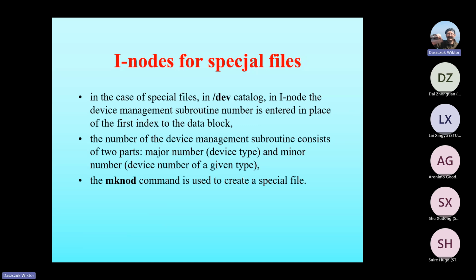In Unix, external devices, disks, and all other devices are described as files, special files. They are called special files. And they are put in a special directory called dev.